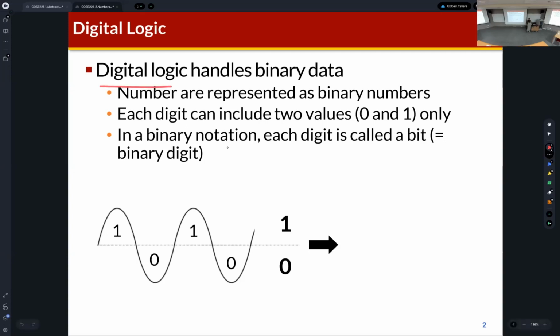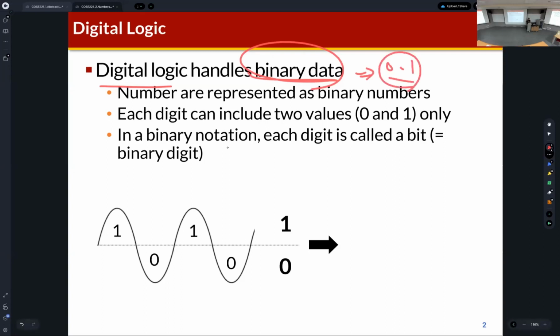This is the logic of how systems handle binary data. I already mentioned it. Then how can you represent this binary data? I said that binary data has only 2 levels, 0 and 1.